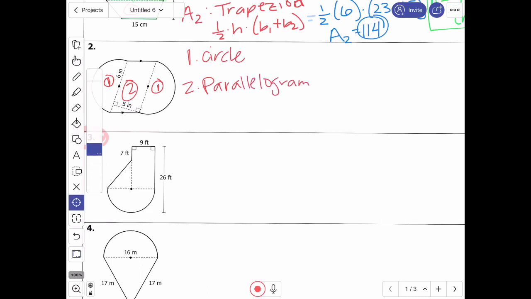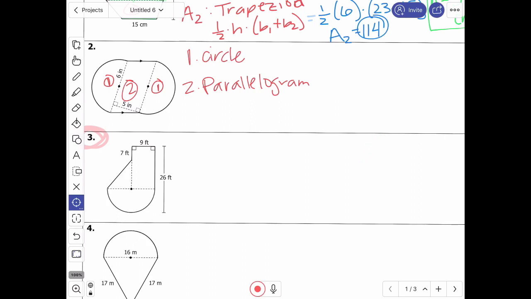And in the circle, they actually give you your radius, so r is 6, so you don't really have to do much for the circle. Parallelogram, you might have to do a little bit more because you have to calculate this distance. But remember that the radius should be the same on both sides, so that should be a good enough hint.